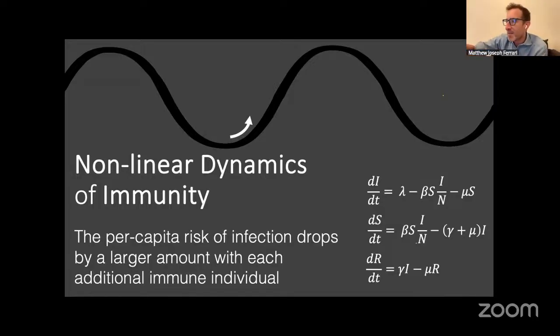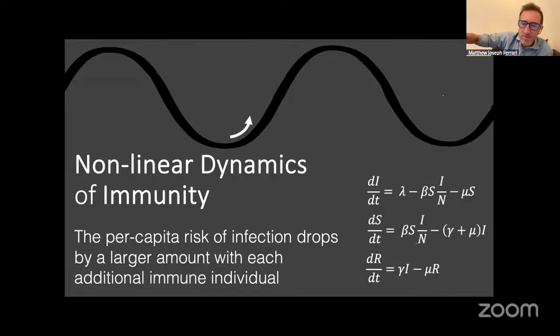Anyway, the lambda here should be dS/dt. That lambda is the incoming rate of susceptible individuals, which in a non-vaccination system is just the birth rate. It should be lambda times N for it to be the birth rate.